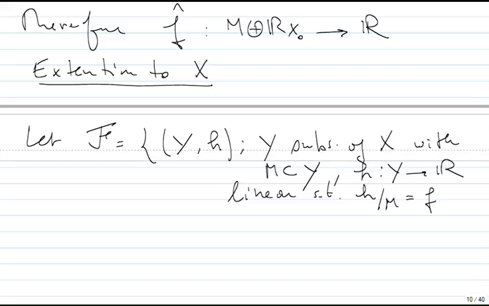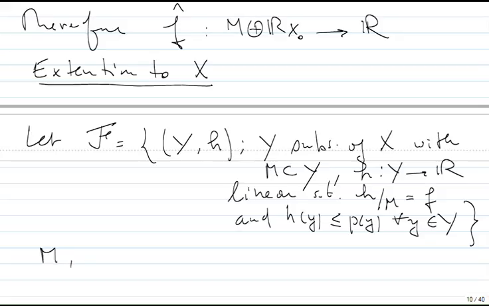And we have the control H of y less than p of y for any y in capital Y. So we consider this family. This family is not empty because M, f belongs to F. Okay, and now we order.